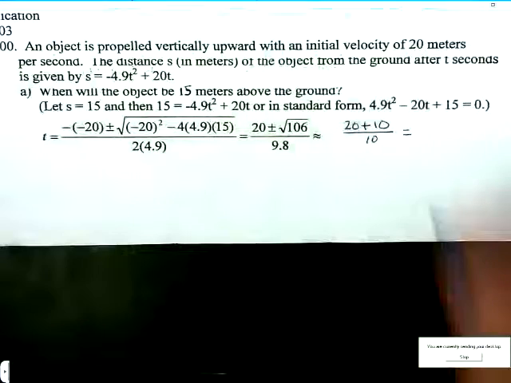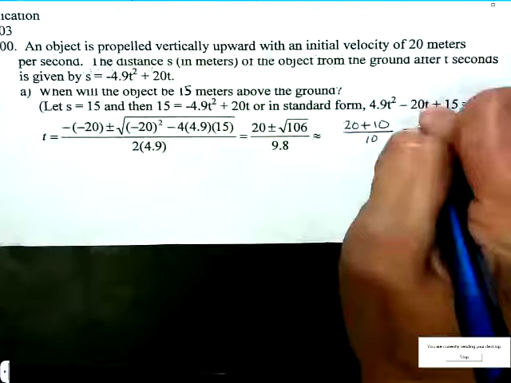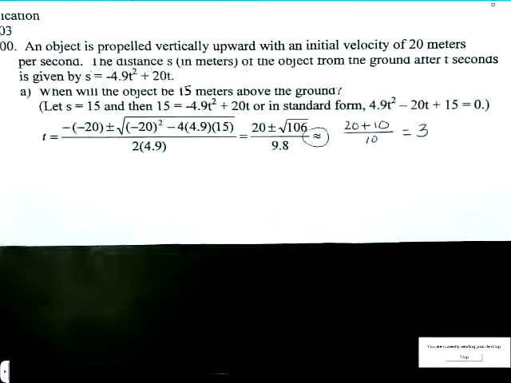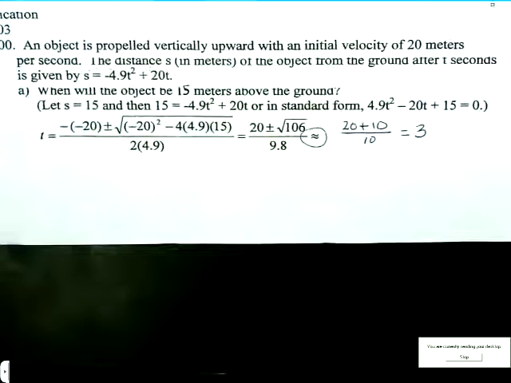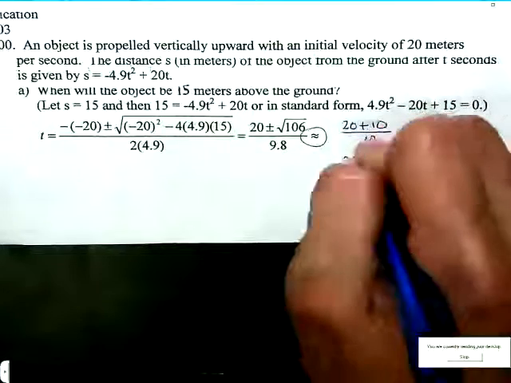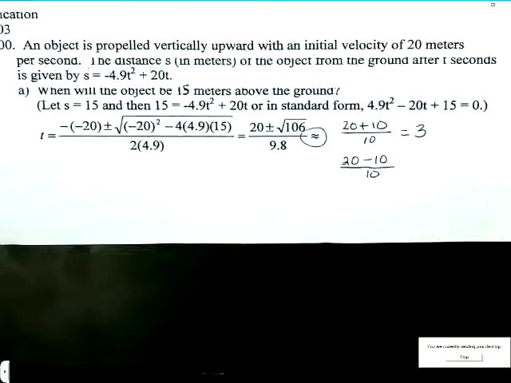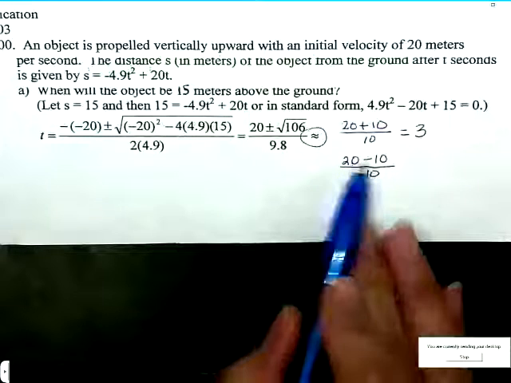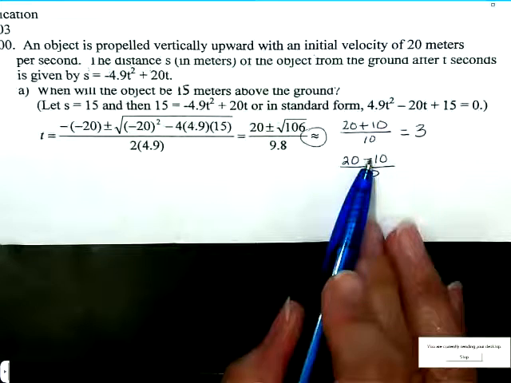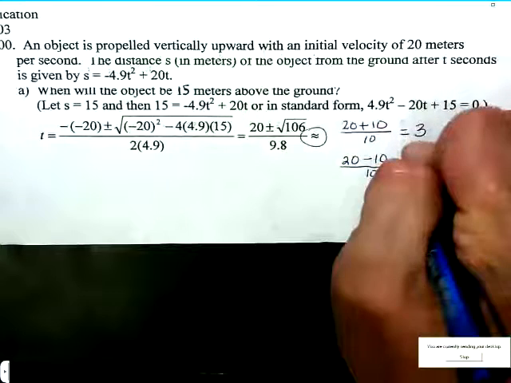That's 30 divided by 10, or 3. Notice I'm saying approximately. Not exactly 3, but darn close to 3. And also 20 minus 10 over 10 would just be 20 minus 10 is 10, and 10 divided by 10 is 1.